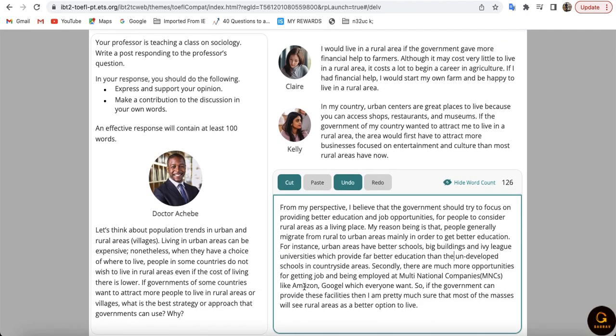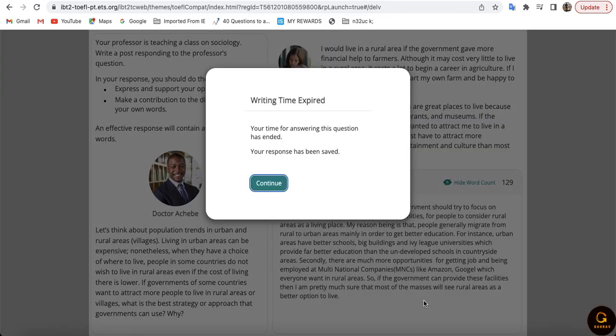Secondly, there are much more opportunities for getting jobs and being employed. So if the government can provide these facilities, then I'm pretty much sure.